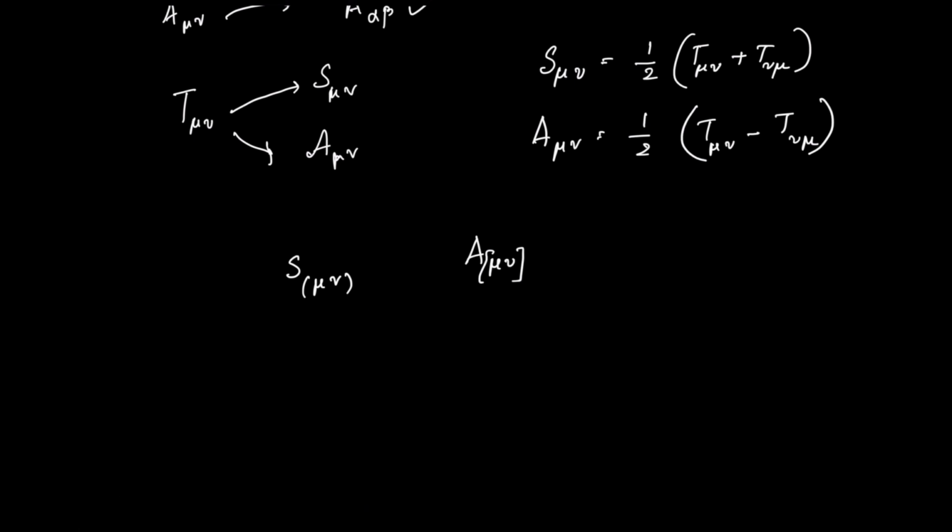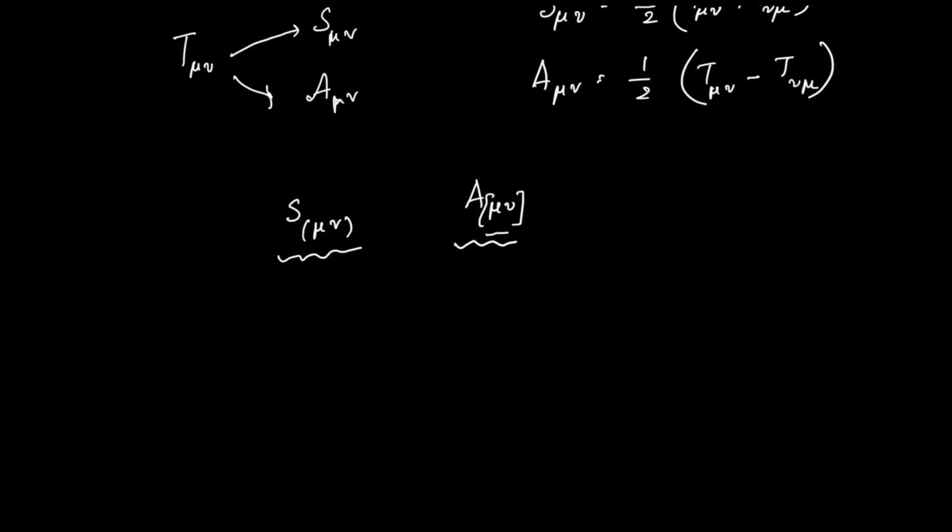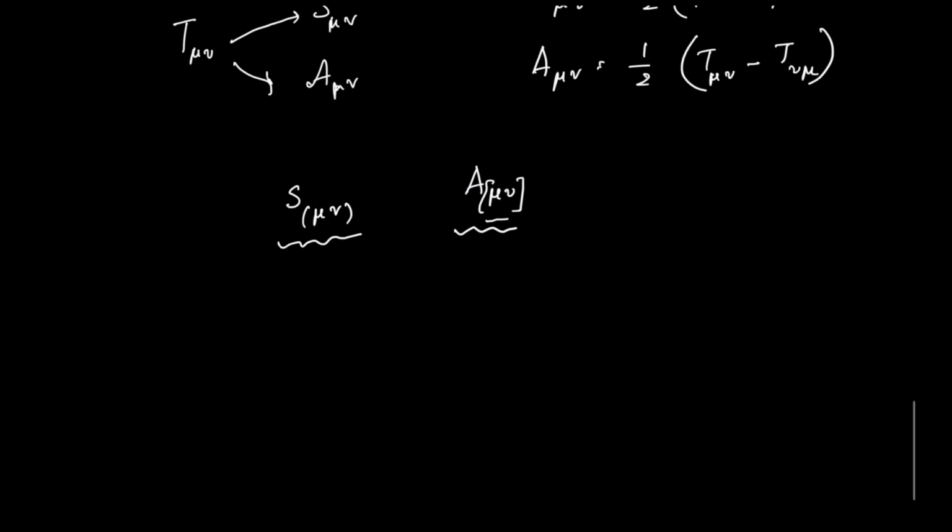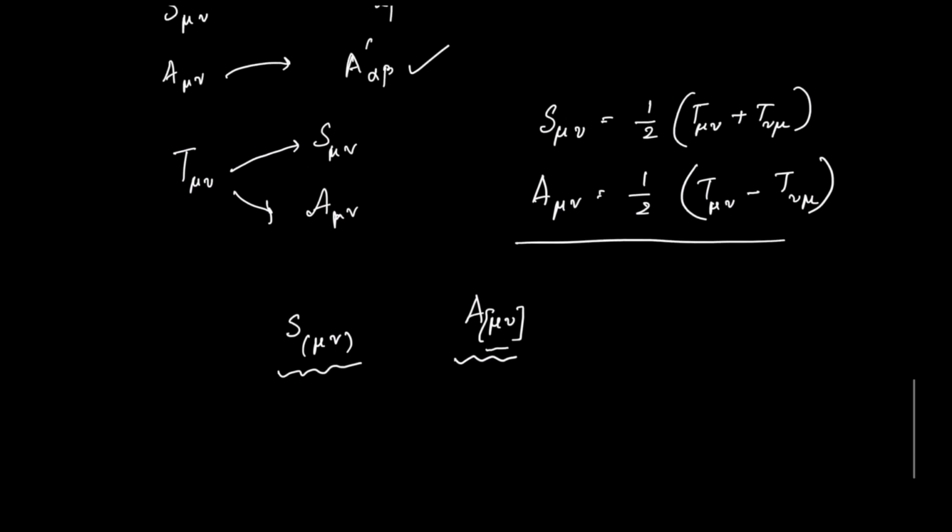Okay, so if you have a round bracket, then it is symmetric, and if you have square bracket and some indices are within the square bracket, then it means that those indices are antisymmetric with respect to each other. Okay, the construction of symmetric and skew symmetric tensors from a second order tensor that we have described above can be generalized to higher order tensor as well. Okay, this is for second order.